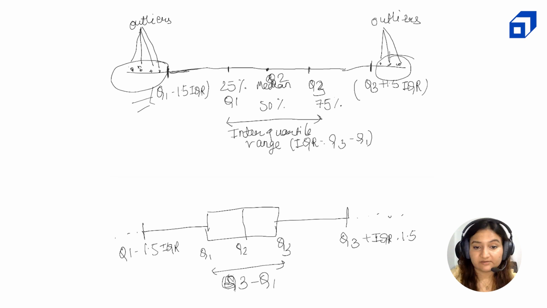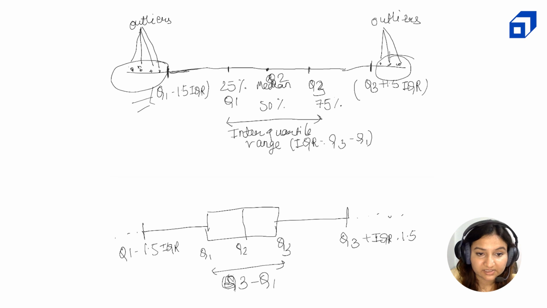You may also have heard about the concept of box plots, which help us analyze what the outliers are, and through box plots we can visualize these outliers. This is the box plot that I'm referring to. These are the boundary lines that I drew at 1.5 IQR, and similarly over here Q1 minus 1.5 IQR.